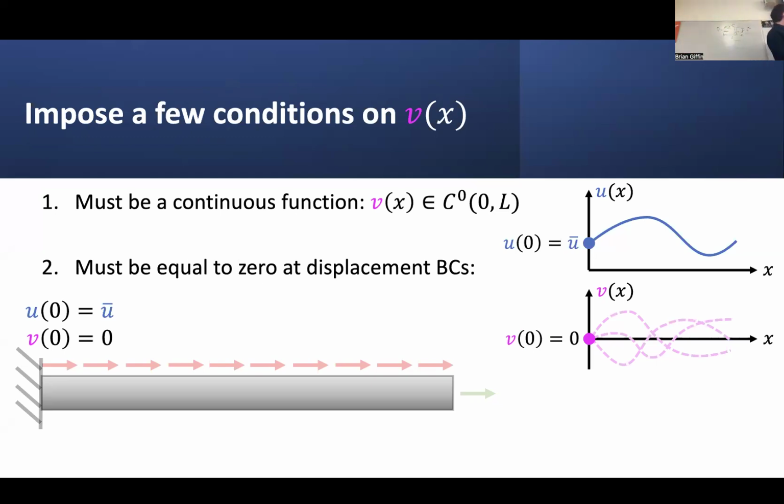And also, let's require that this test function also has to satisfy so-called homogeneous boundary conditions. In other words, at any location where we were originally constraining the displacement field directly, at these same locations, we have to directly constrain the value of this test function such that it's equal to 0 at those constrained locations. All right, so that's just a minor thing to bear in mind as we move forward, a minor restriction on how we define these otherwise arbitrarily chosen test functions.